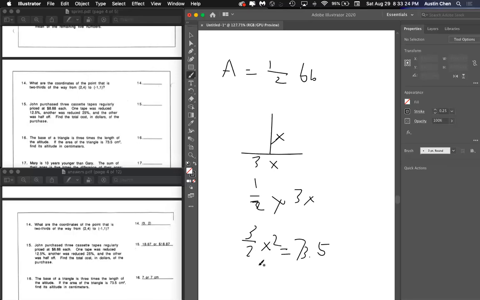So now you can find x. You multiply by 2, so you'd have 147 over 3 equals x squared. So that would be 49 equals x squared. So x equals 7.